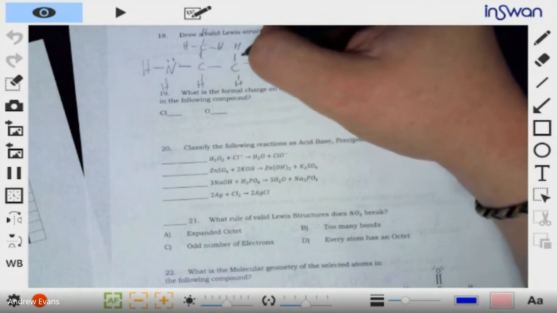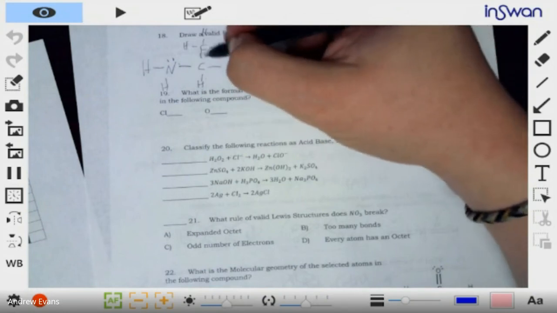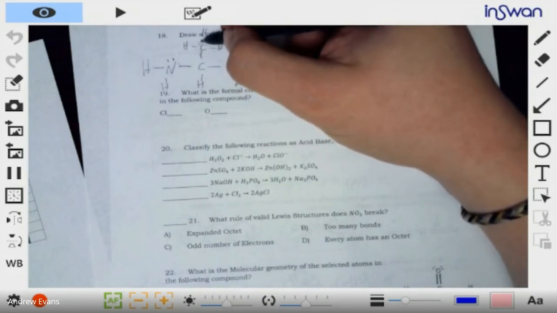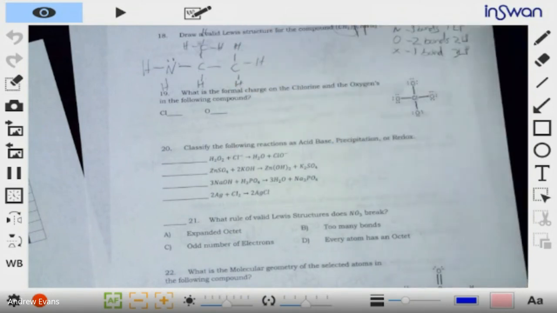This is a Lewis structure. That is a valid Lewis structure. If there is a space where one of these atoms does not have a bond, something to place it to, and there's a nearby atom without a bond, something to place it to, you can combine those 2 bonds into a double bond.